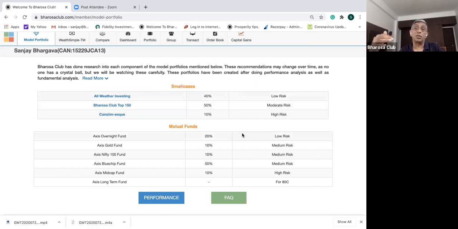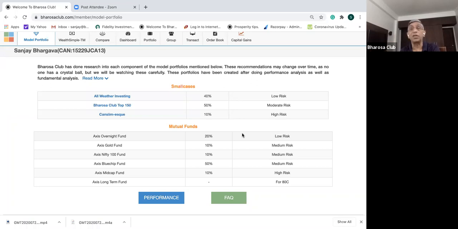So I think the thought that Bharosa Club had when they chose the overnight fund was that if you want to take more risk, then you can take it in the moderate risk and medium risk categories and don't take it in the low risk categories.